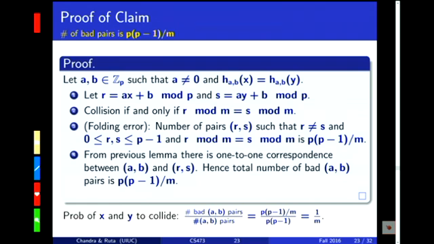As you pick a different function, you are going to get different pairs of R and S. So this is basic counting. You have P times P minus 1 total number of functions. How many functions actually force h of x equals h of y? You just counted that to be at most P times P minus 1 over M, and that's why you get 1 over M.